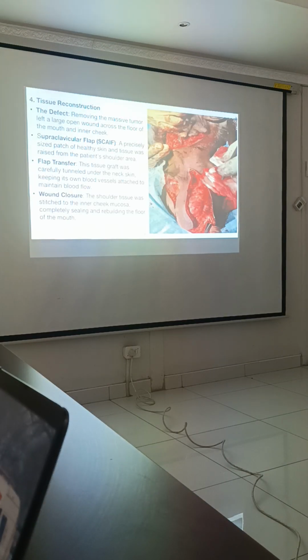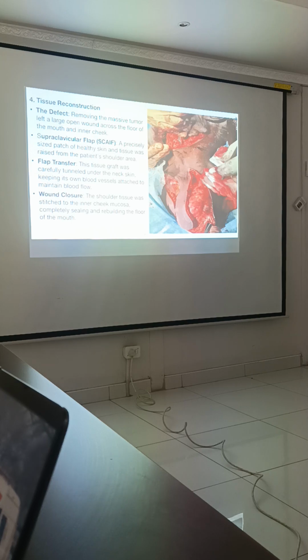Okay, so after the tumor was removed and the infected part of the mandible, tissue reconstruction was done because the tumor and the infected mandible left a huge defect on the floor of the mouth and in the right cheek. So a flap was raised from the right supraclavicular region of the shoulder, and the healthy tissue was tunneled under the neck and stitched to the opening.